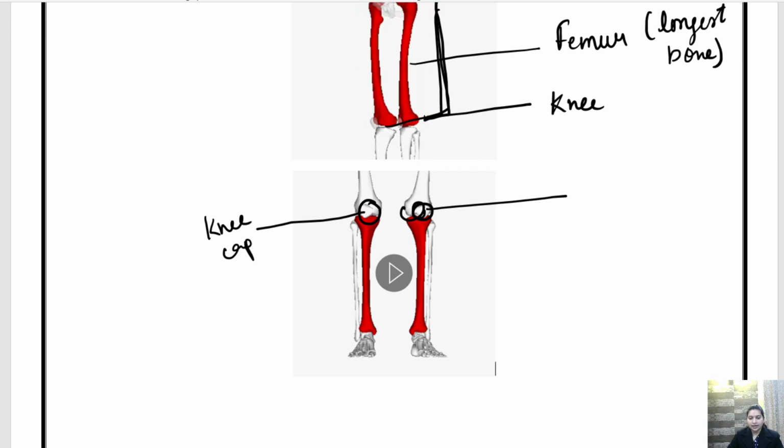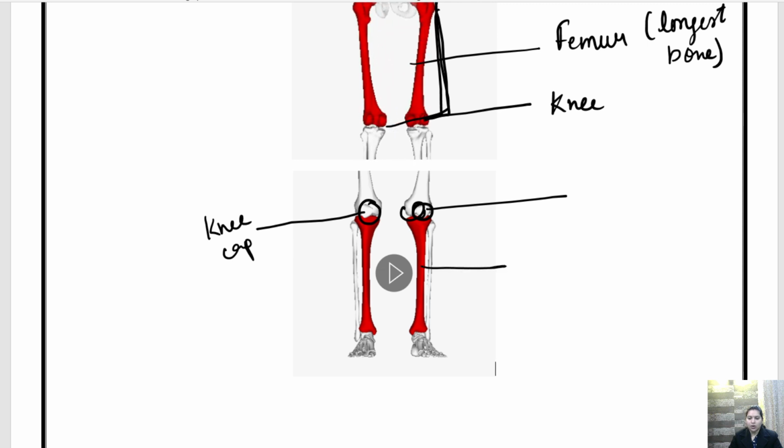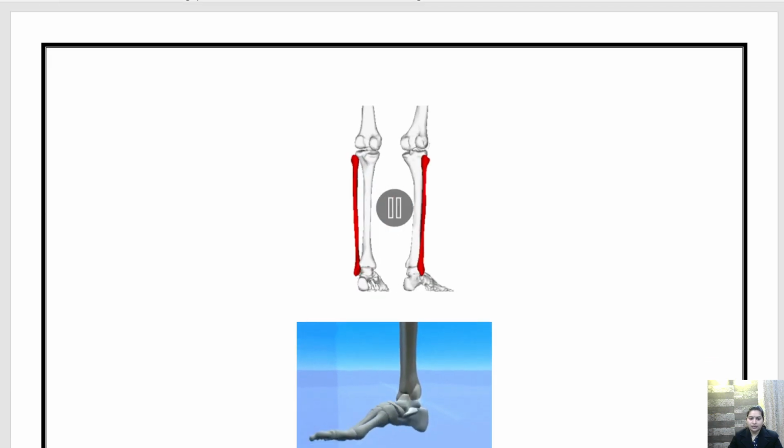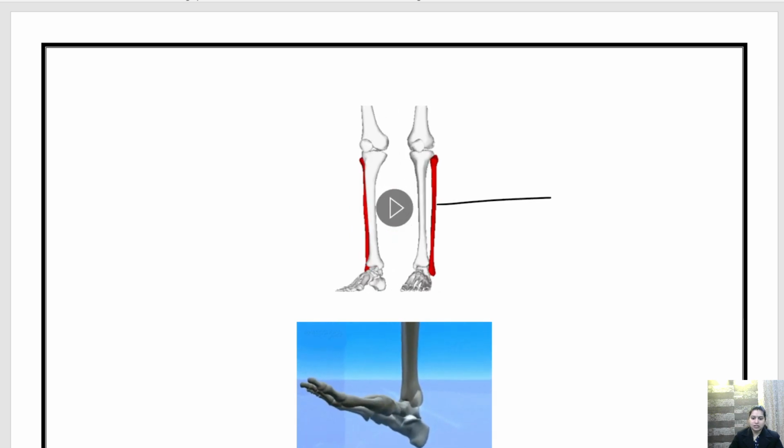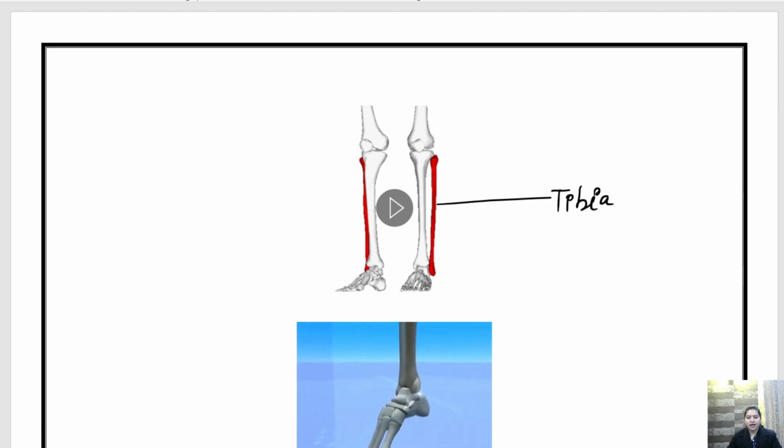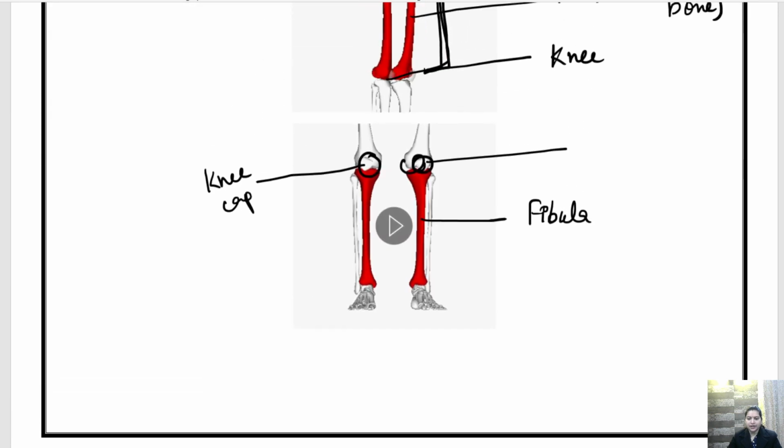And just like in our hand we had two bones below the elbow, in our leg there are two bones below the knee. One is a bit thicker, another is a bit thinner. They are called fibula, and the other one is called tibia. Okay, fibula and tibia, getting it?